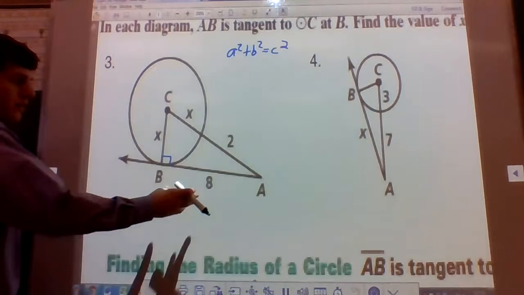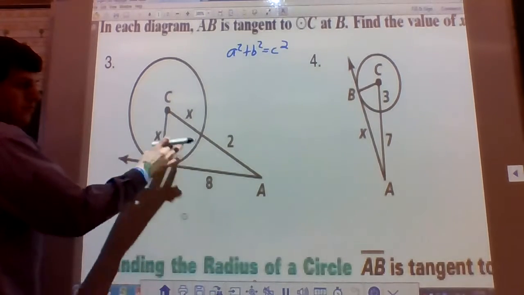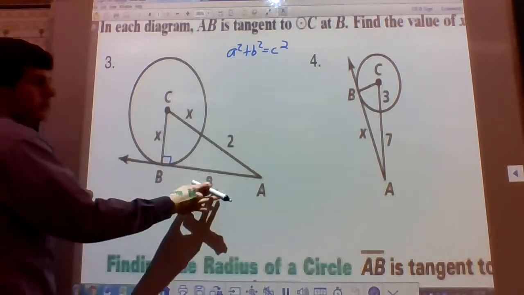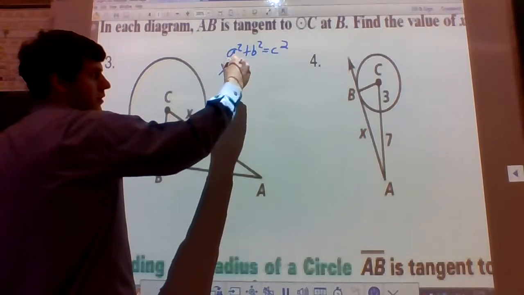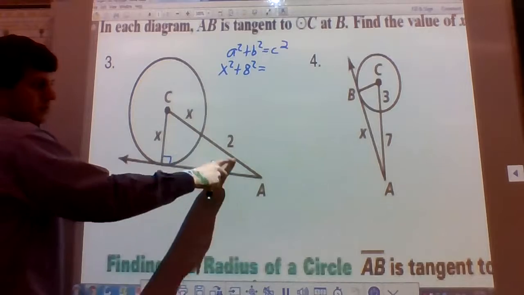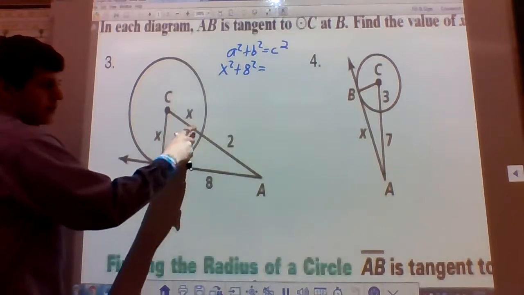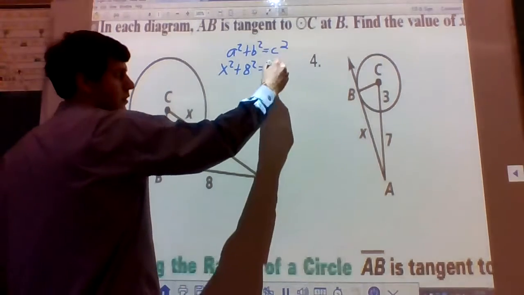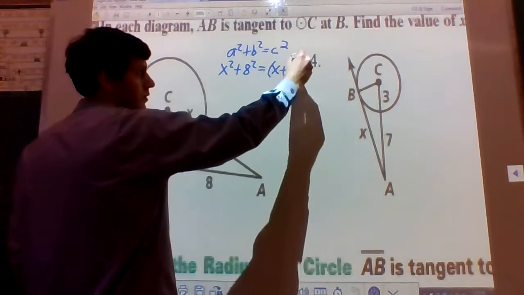The legs of our right triangle are x and 8. So we have x squared plus 8 squared equals the hypotenuse squared. The hypotenuse is going to be x plus 2 squared.